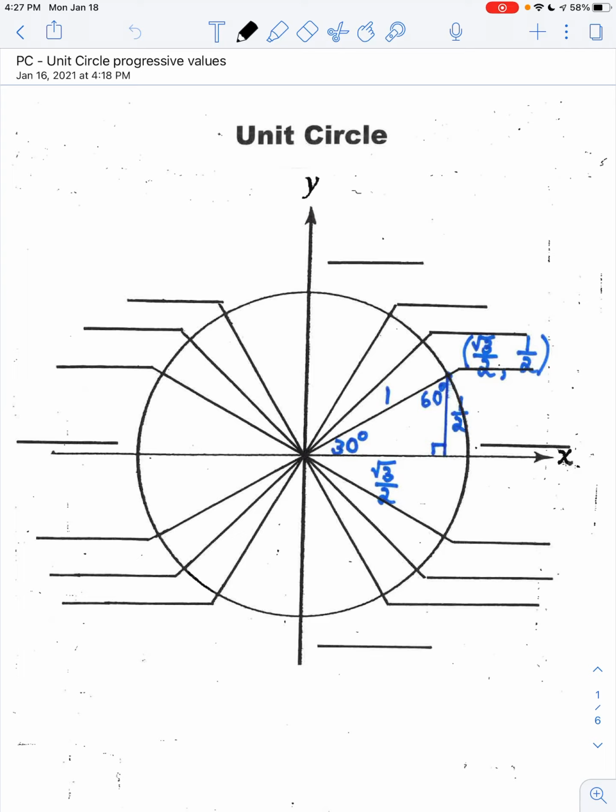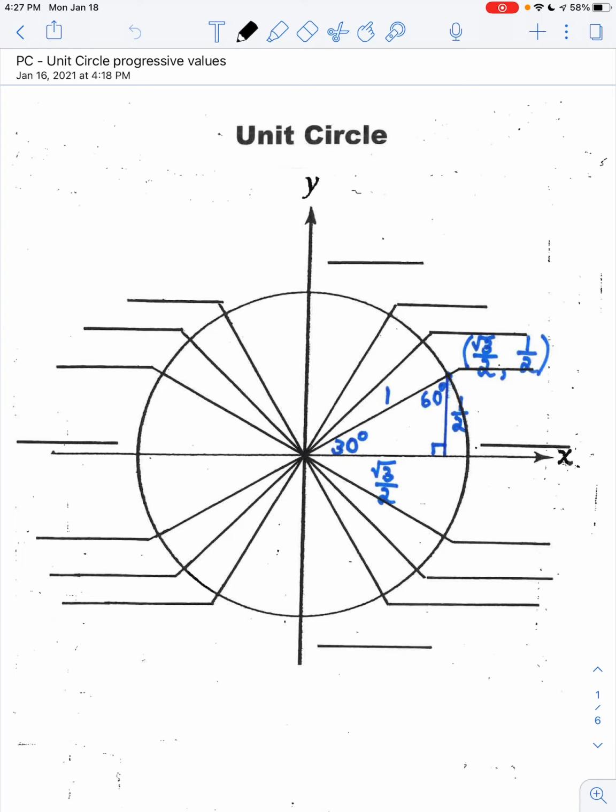So I have here on my first screen the 30, 60, 90 triangle on the unit circle where we would normally have a 30-degree or pi over 6 angle. Because we know on a unit circle the radius is 1, the hypotenuse is 1, the side opposite 30 degrees is 1/2, and the side opposite 60 degrees is square root of 3 over 2.